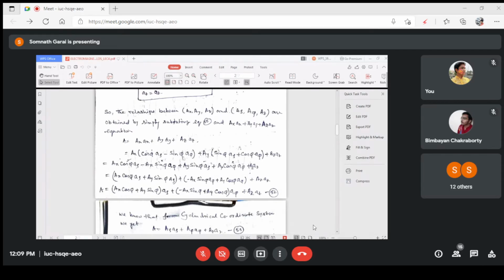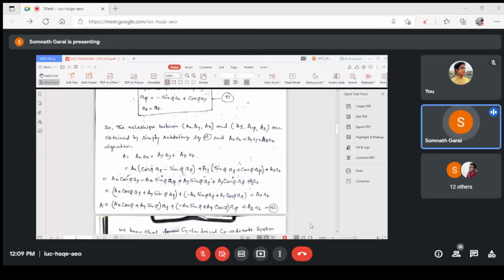Okay. Now we determine the component relationship between the Cartesian coordinate and cylindrical coordinate. We have already discussed several times that the magnitude component in the x direction is capital AX, the component in the y direction is capital AY, and the component in the z direction is capital AZ.